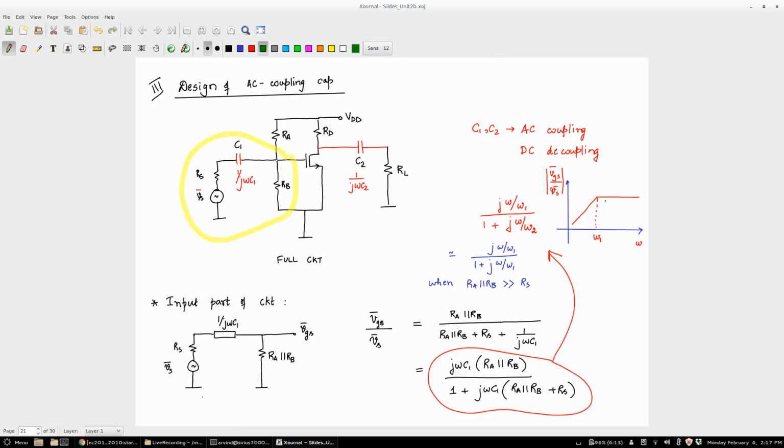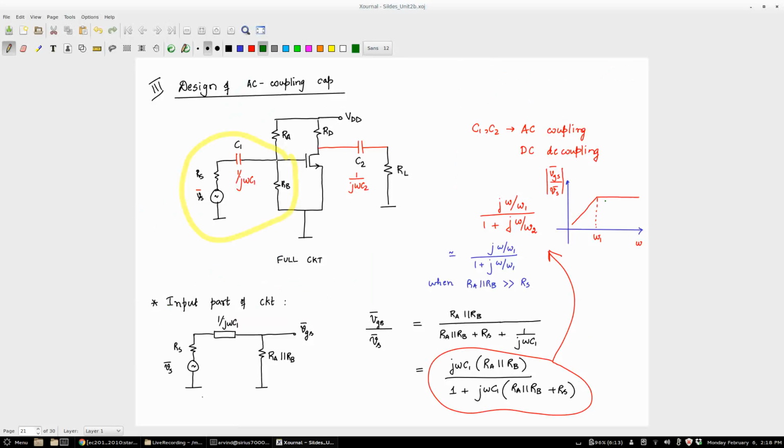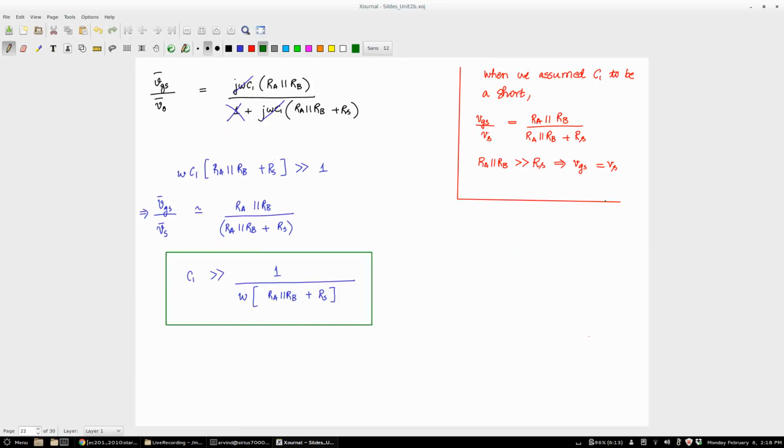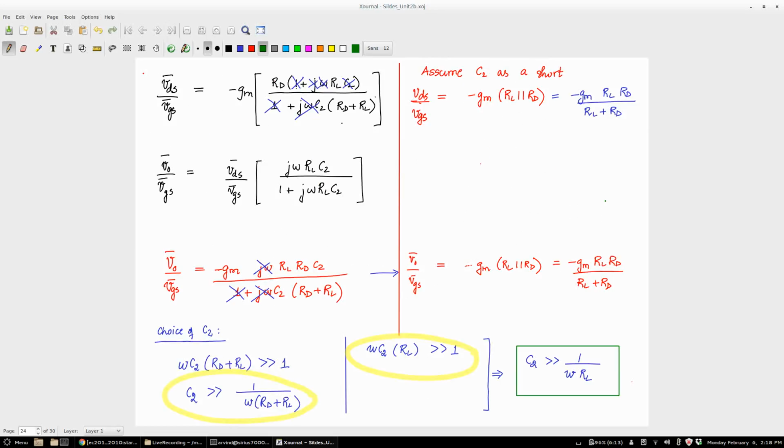So say you want to make an amplifier that's going to amplify signals above 1 kilohertz. That means anything below 1 kilohertz you can block. So you will set your omega 1 to around 1 kilohertz. So anything above 1 kilohertz will be coupled to the amplifier. Anything below 1 kilohertz will be killed.